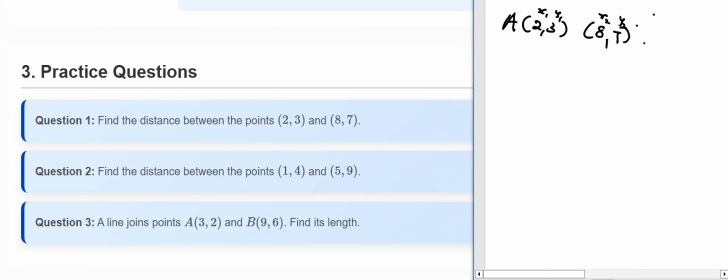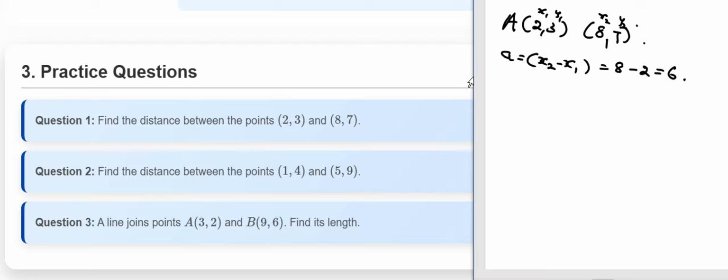To get the distance between these two points, I only need to apply the logic of the Pythagoras theorem, where I can say, first of all, A is equal to x2 minus x1, which is equal to x2, which is 8, minus x1, which is 2. So the answer becomes 6.